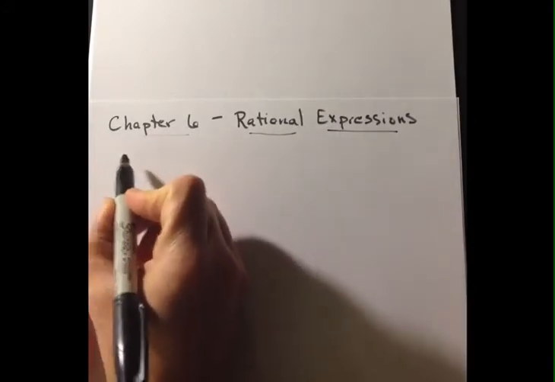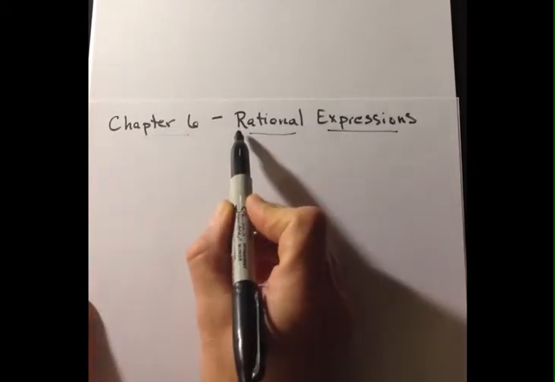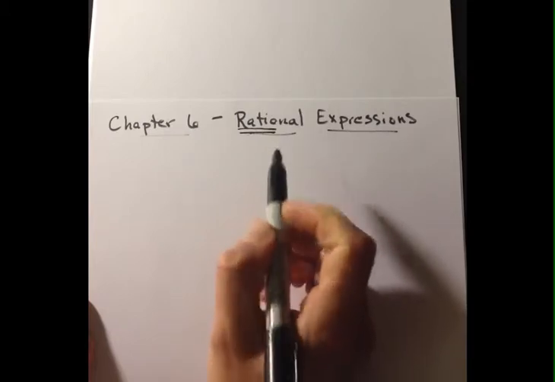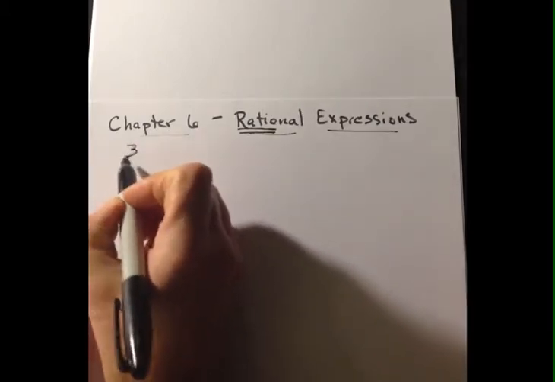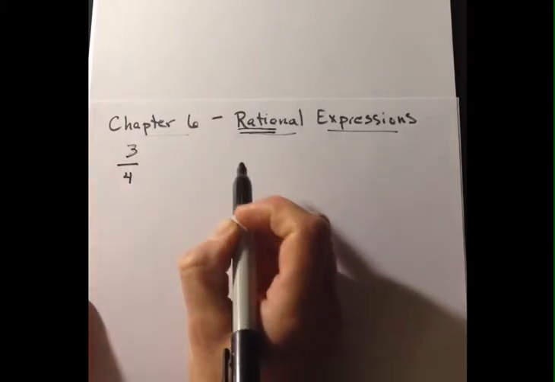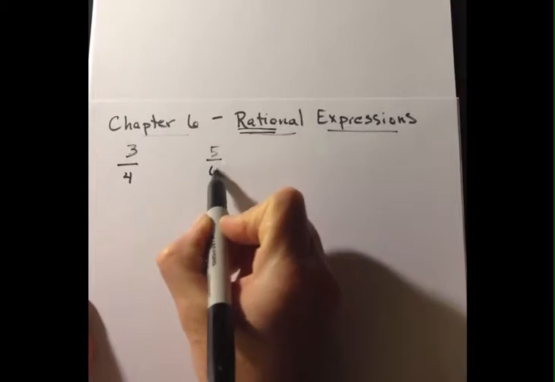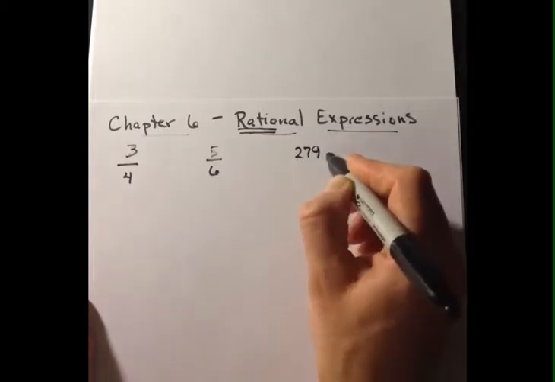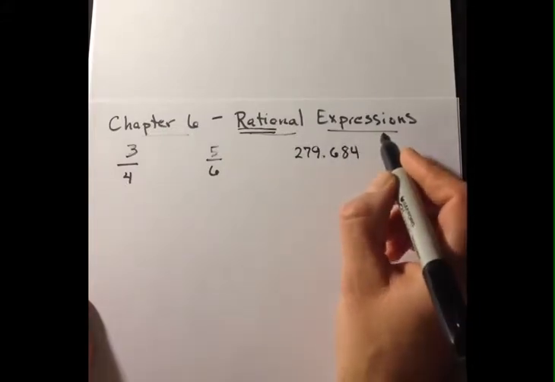Recall that a rational number can be expressed as a ratio of two integers. So for example, 3/4 or 5/6 or 279.684.